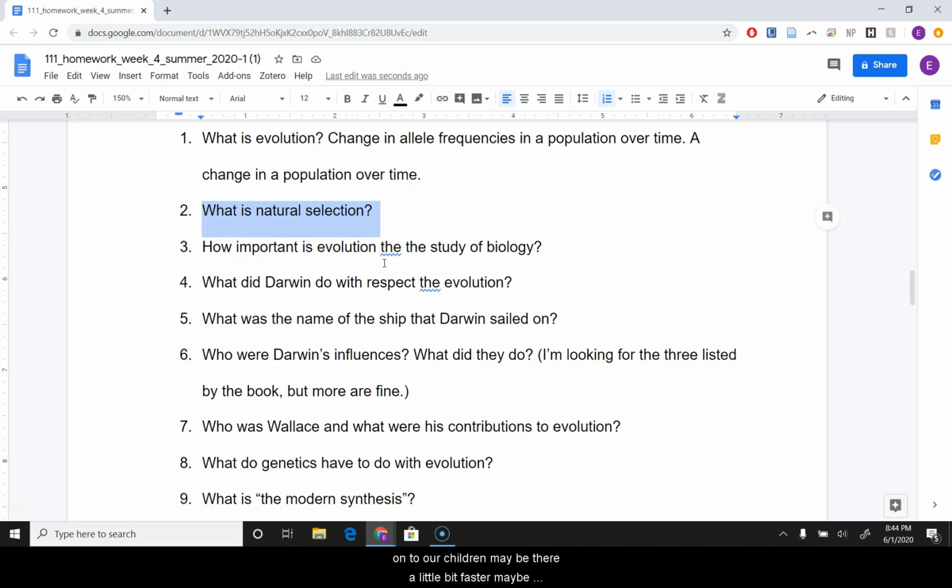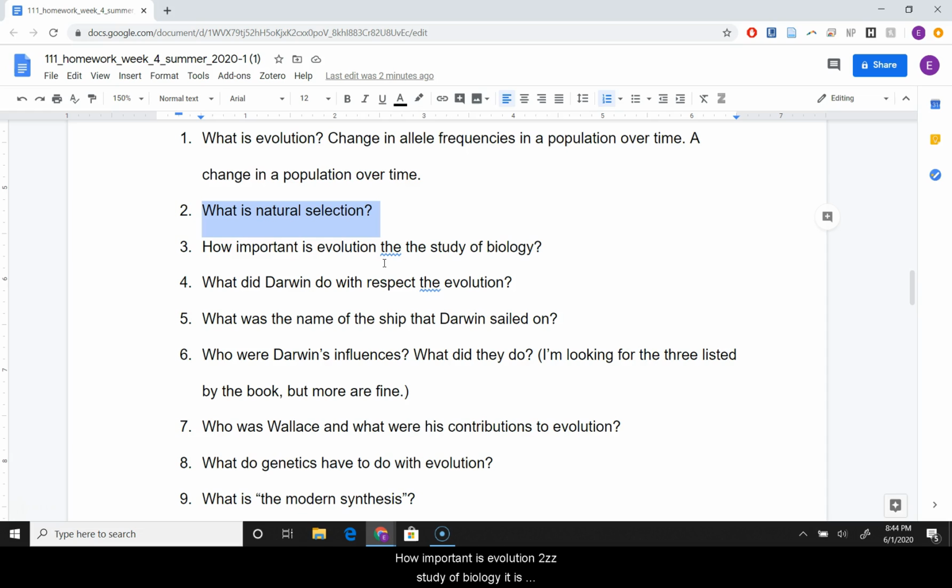Maybe they're a little bit faster, maybe they're a little bit smarter, maybe they have a slightly longer dorsal appendage. Whatever it is, it gives them some evolutionary advantage, some survivorship advantage within that particular scenario. And what happens is those organisms wind up living better than the other organisms because they have an advantage. And so what happens is maybe that dorsal appendage gets longer and longer and longer.